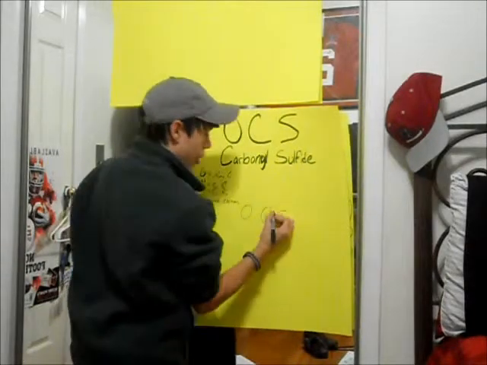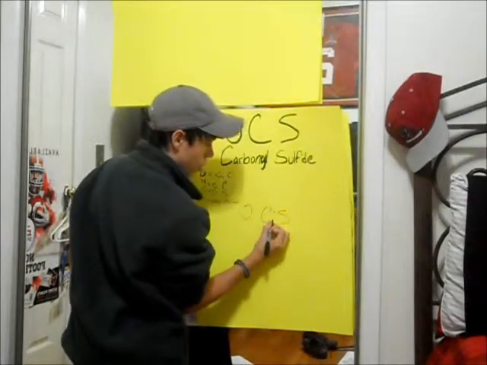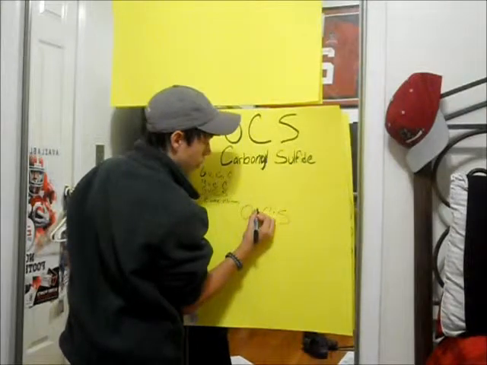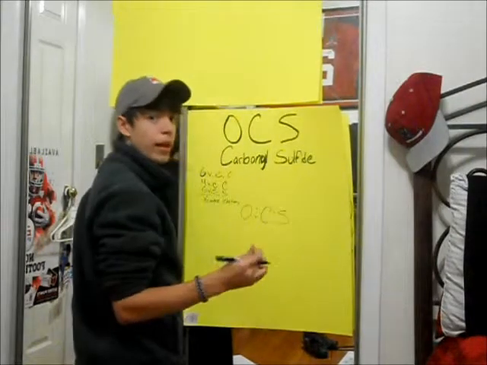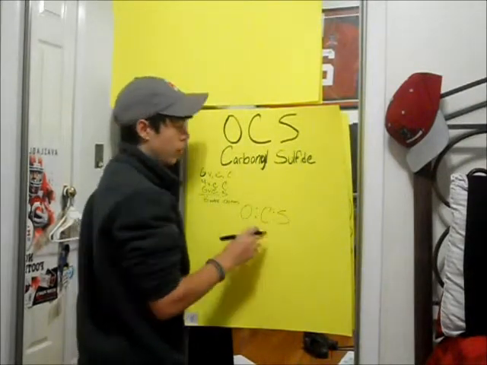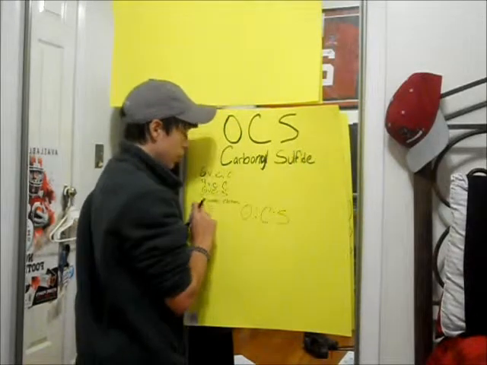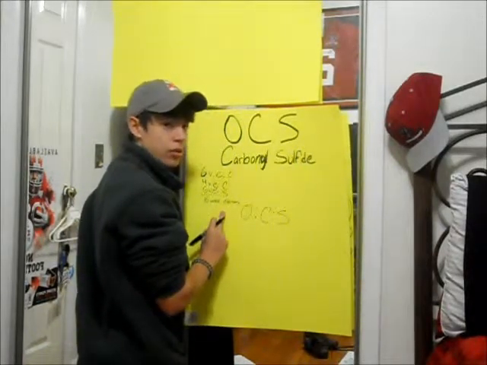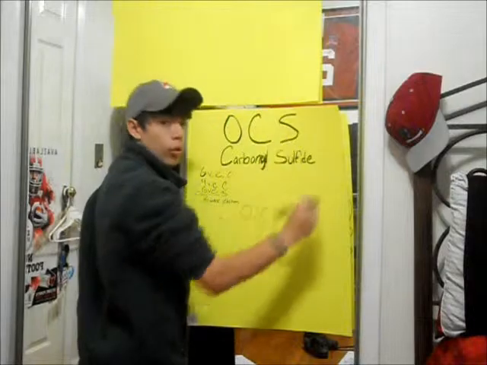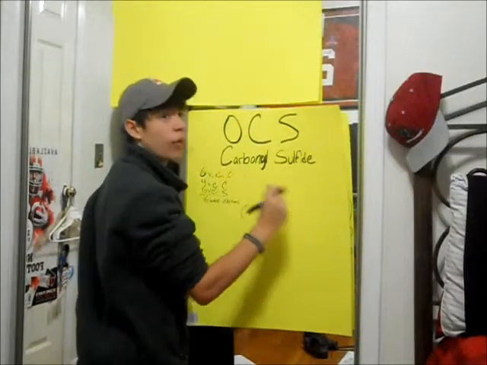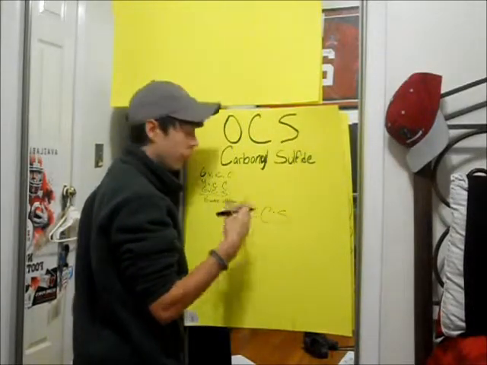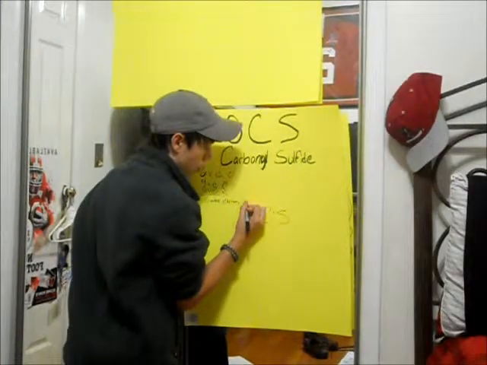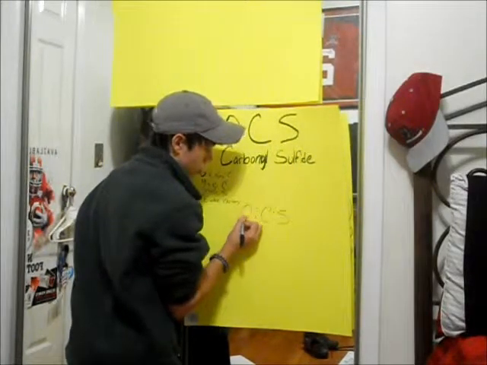So we're going to form a bond between carbon and sulfur, and then a bond between carbon and oxygen, and then we're going to distribute 16 valence electrons, until we fill the octets, or until we run out of electrons. So let's fill oxygen.